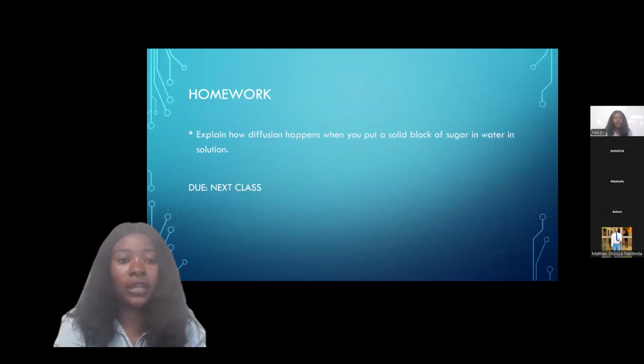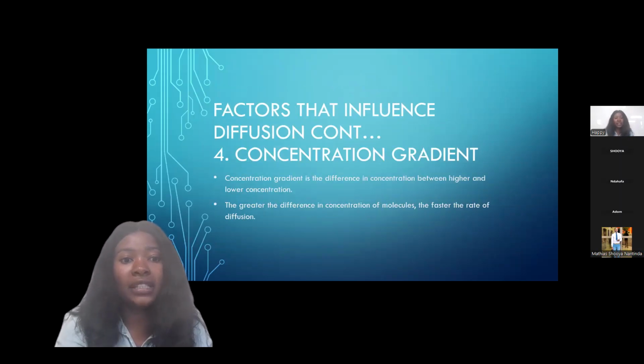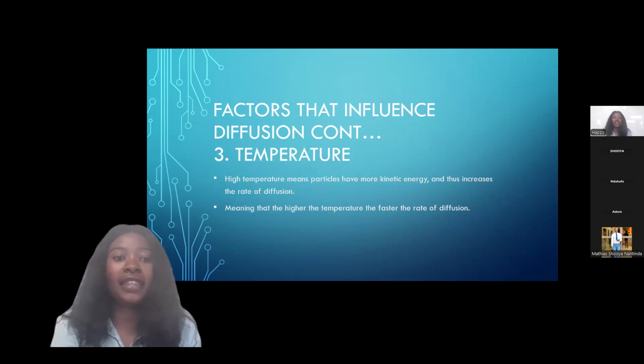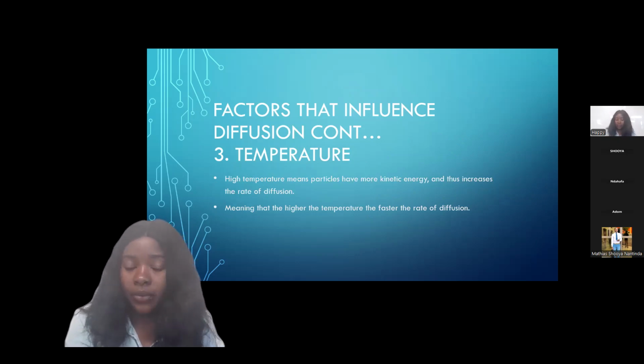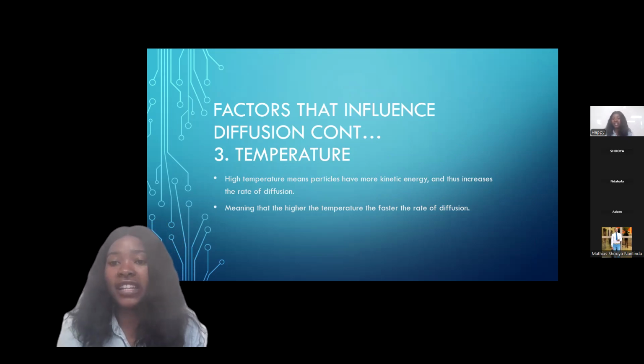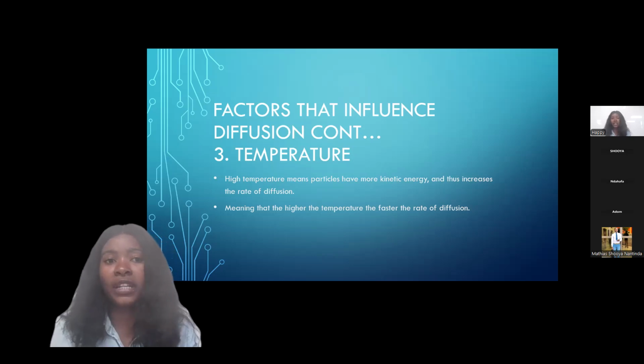Now, when we are dealing with temperature, with the higher temperature we already know that the particles gain kinetic energy. And as they gain kinetic energy, they are going to increase the rate of diffusion. Let's take a good example.